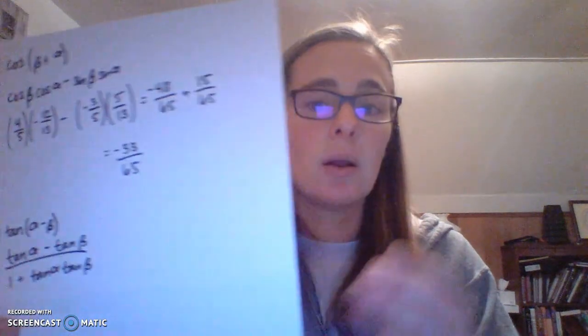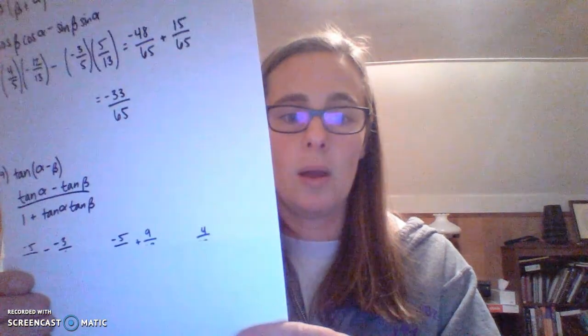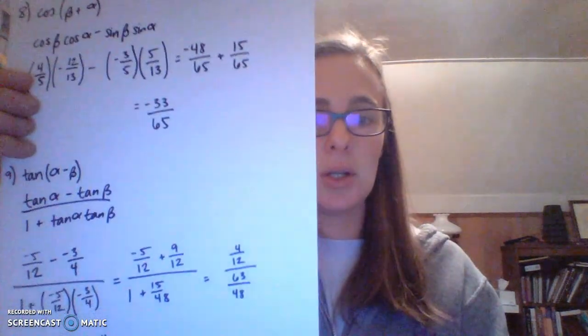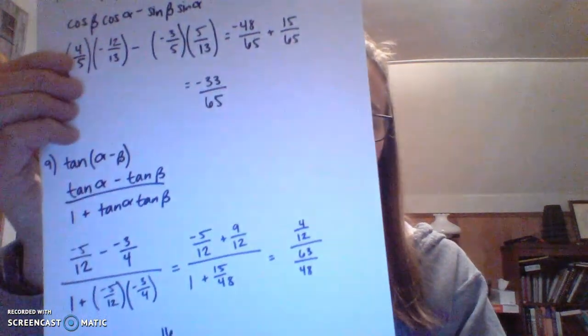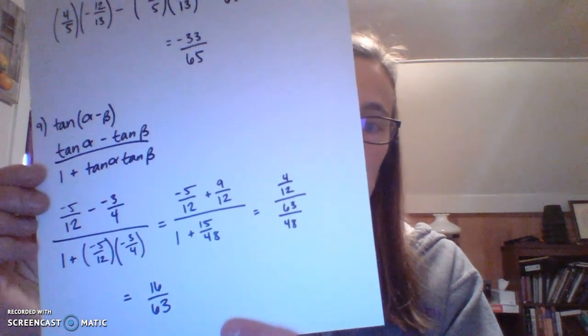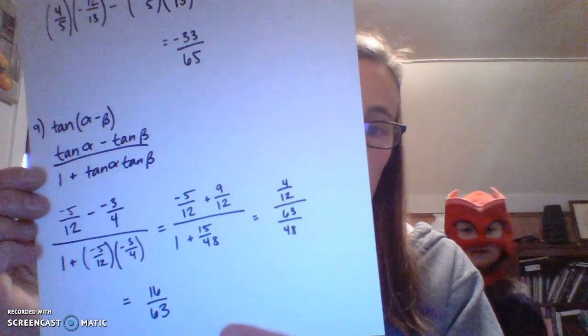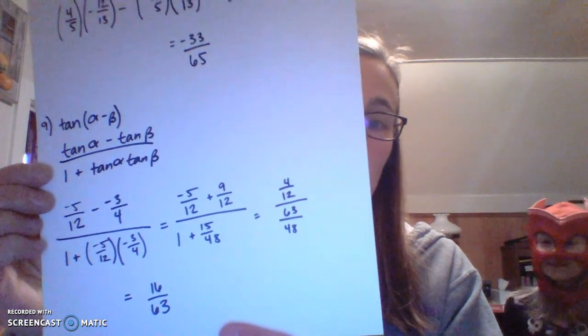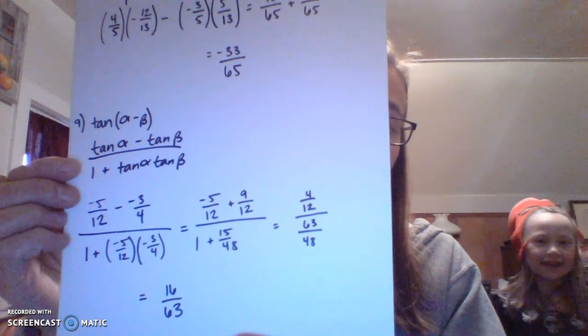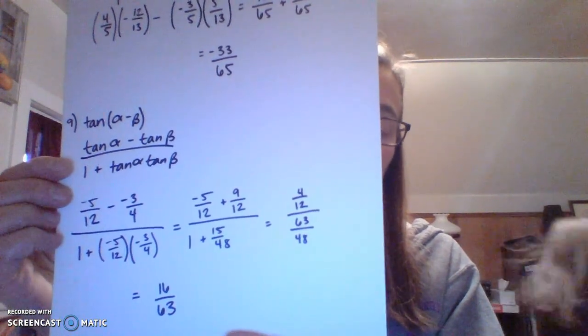Again, we are looking at our triangles, plugging and chugging. Tangent of alpha is negative 5 over 12, opposite over adjacent, minus the tangent of beta. Be careful here because it's subtracting a negative, which ends up being adding, over 1 plus tangent alpha tangent beta.